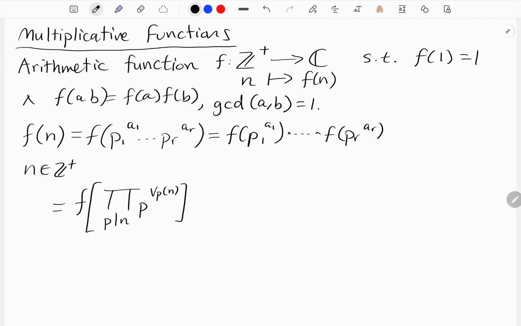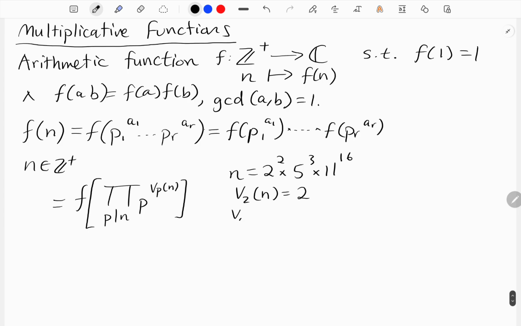So, for example, if you have some number n equal to 2 squared times 5 cubed times 11 to the power of 16, then the valuation sub 2 of n is equal to 2, because the exponent is 2, the valuation sub 5 of n is equal to 3, and the valuation sub 11 of n is equal to 16. Okay, it's just the corresponding exponent. All right.